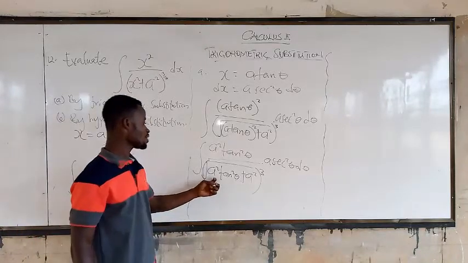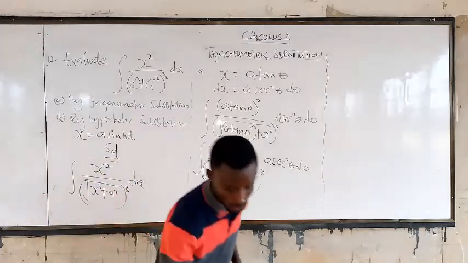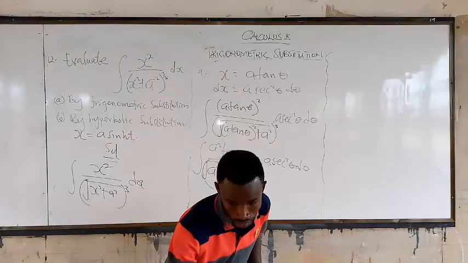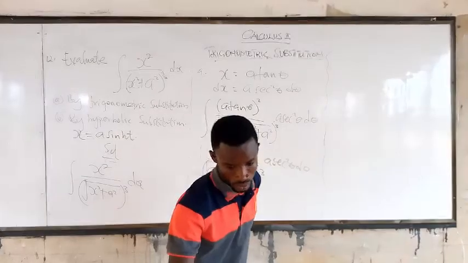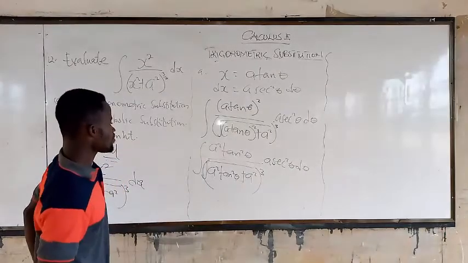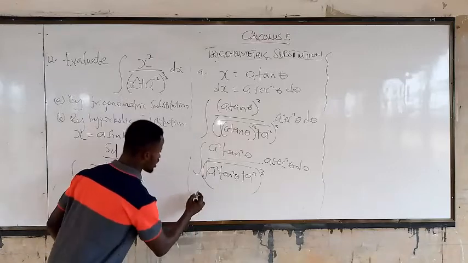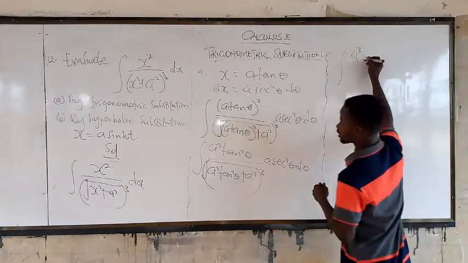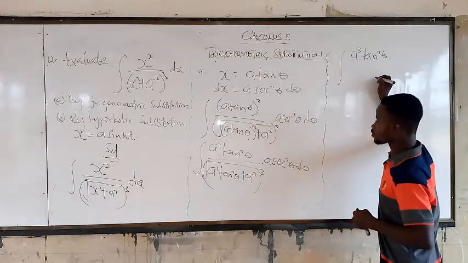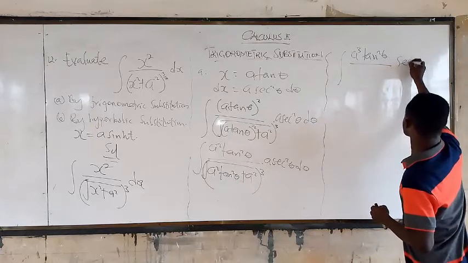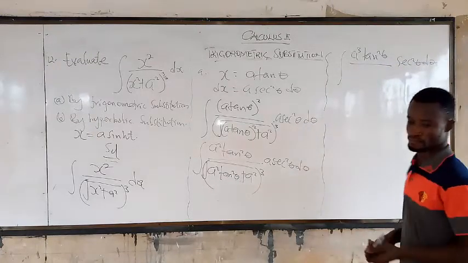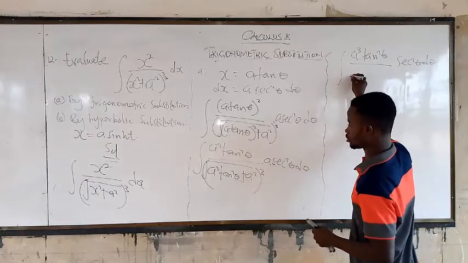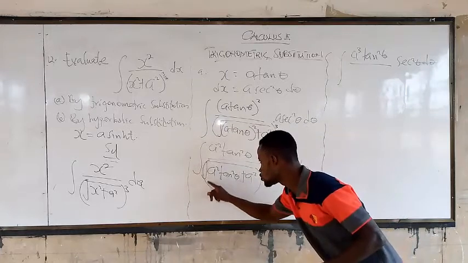Having this, note that we are going to get the integral of this a over this a, so you get a raised to power 3, tan squared theta over sec squared theta d theta. Then here we have the square root of a squared.